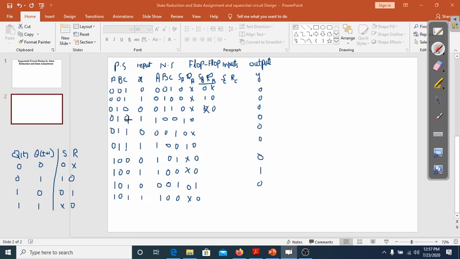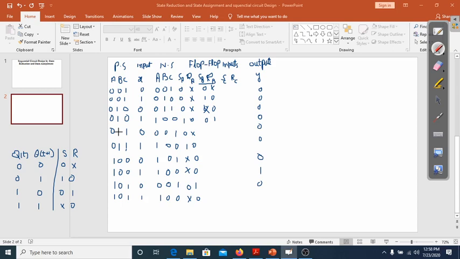0. And again the present state is 1, next state is 0, reset is 1, whereas set is 0. Sorry, the present state is 1 here and next state is 0, so okay this input.